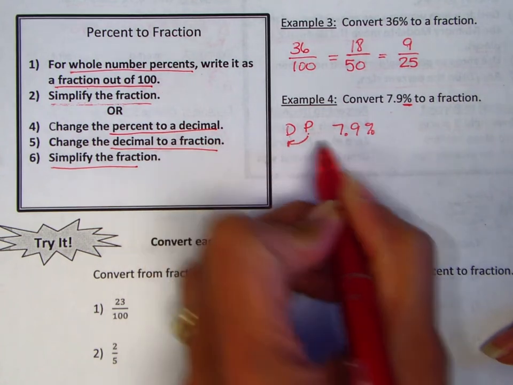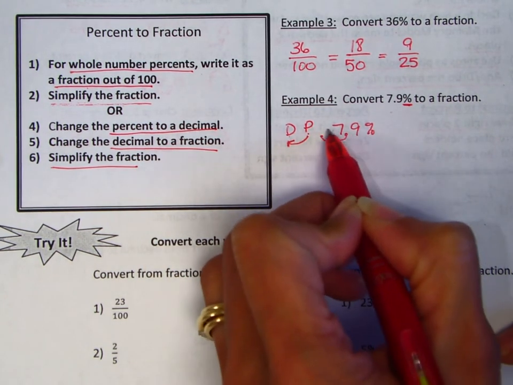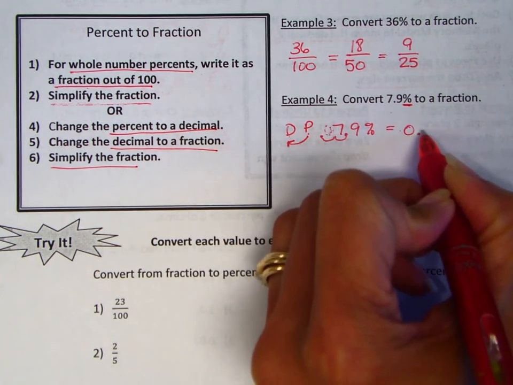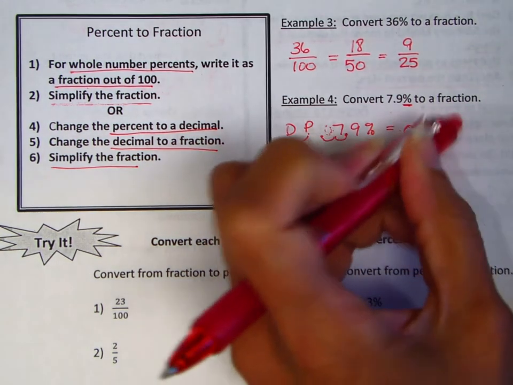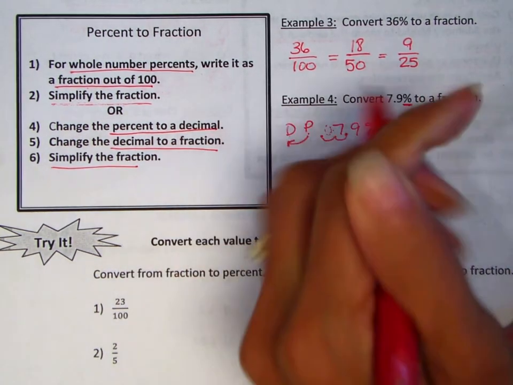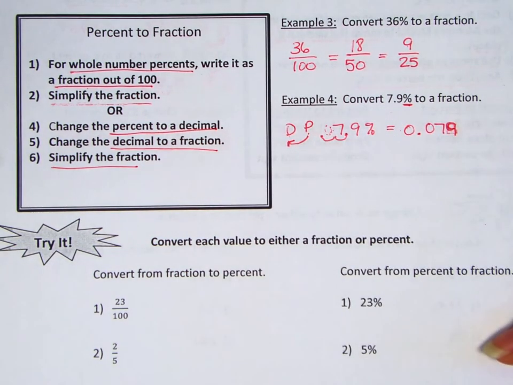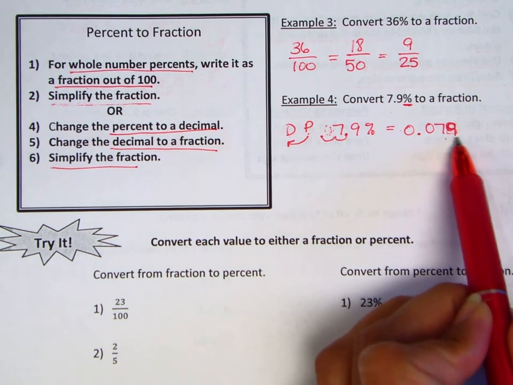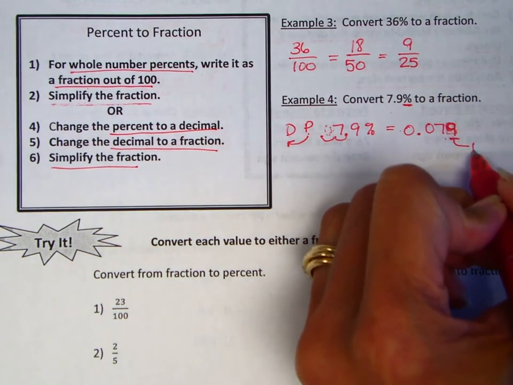So I have 7.9%. I'm going to move left 2 places. I have that 0 placeholder there, so I have 0.079. Now I can take that decimal and turn that into a fraction because I look at that last number and it is in the thousandths place.